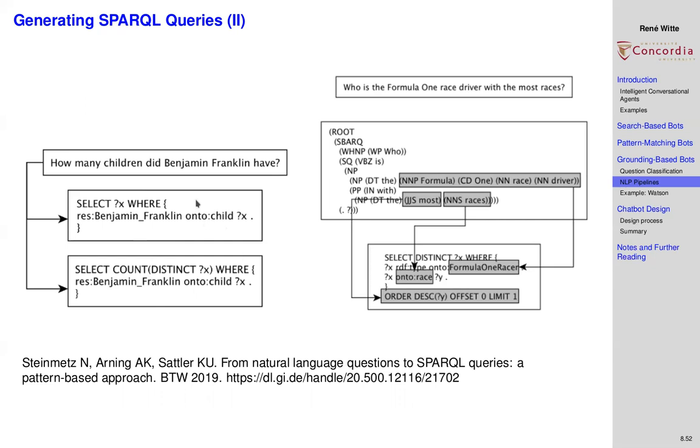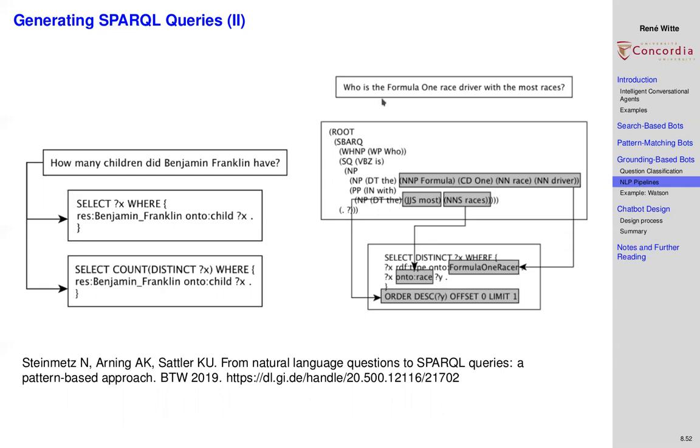And again, you can have multiple templates. Like for the question, how many children did Benjamin Franklin have? You could generate a query where you ask for it directly, or you try to compute it yourself using a count. And then for each pattern, you often have multiple candidates that you can run. For example, select the best matching one by just running the query and looking which one gives you a result.